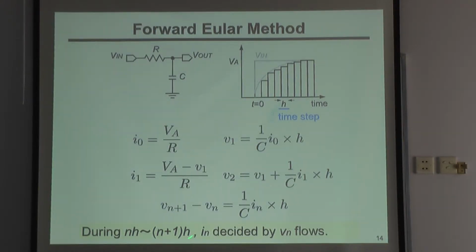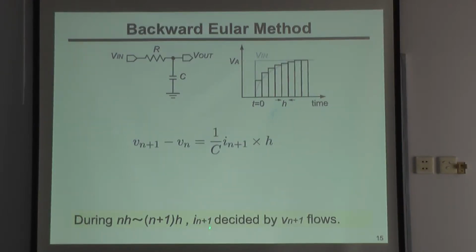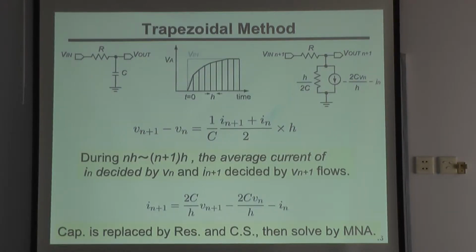In forward Euler, during this period, I_n flows, but in this case, we assume I_(n+1) flows. And in trapezoidal, during here, the average current of I_n and I_(n+1) flows. So we have this kind of trapezoidal, and we can see that this trapezoidal has more correct results.